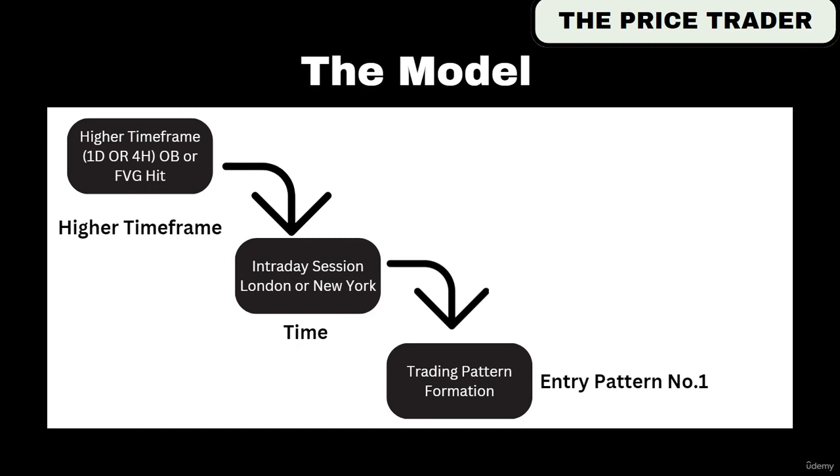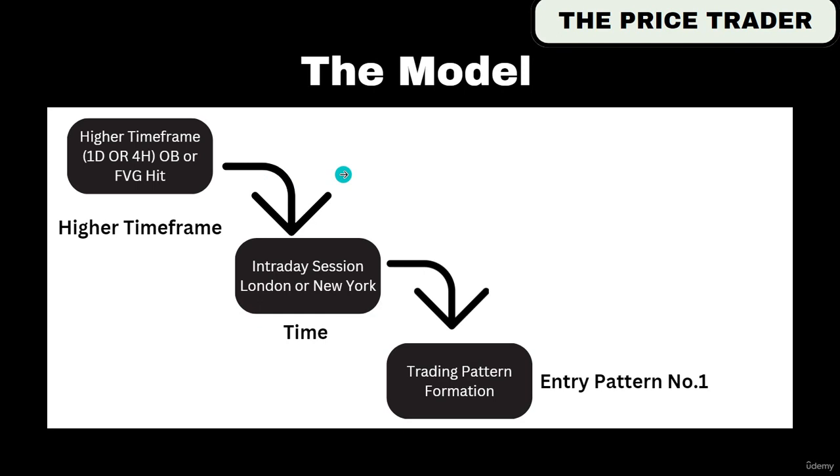In this model, I've adopted entry pattern number 1. We looked at trading patterns, and in this example I'll be using entry pattern number 1. The process begins with identifying a higher time frame, either 1-day or 4-hour, order block or fair value gap. That order block or fair value gap must be hit, from the higher time frame.